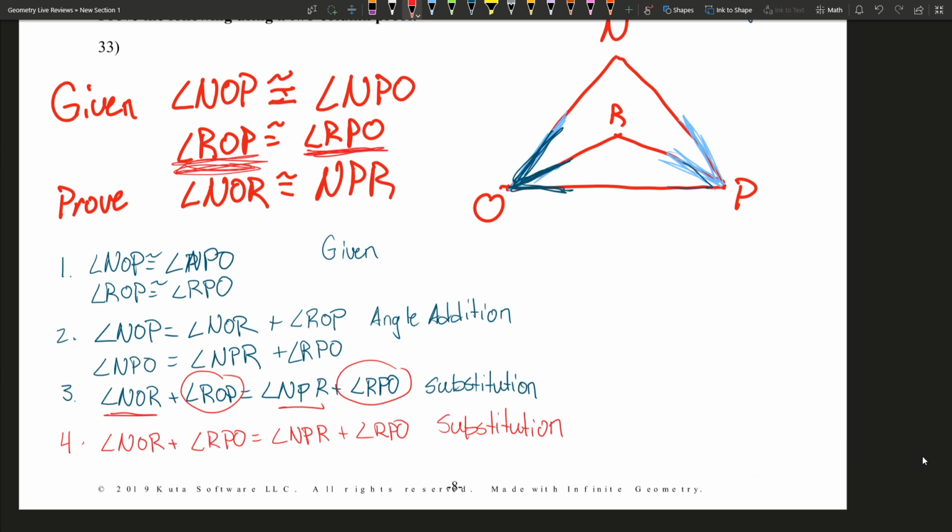And then because RPO is on both sides, then we can simplify. And then we have what we're trying to prove.